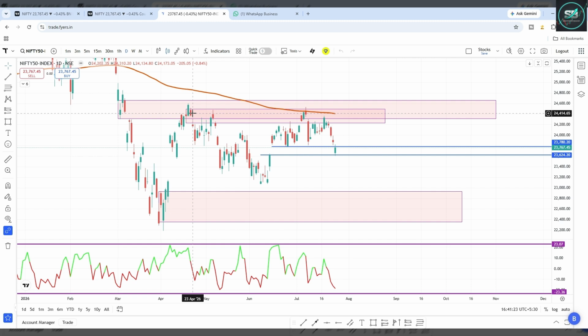Down the line, you should be able to do this analysis on your own with the help of simple tools. You don't need any rocket science here. Just with the help of simple tools, you can do your analysis with the help of price action, supply zones, demand zones, and with the help of Fibonacci. These three are more than enough for us to understand and analyze the market.